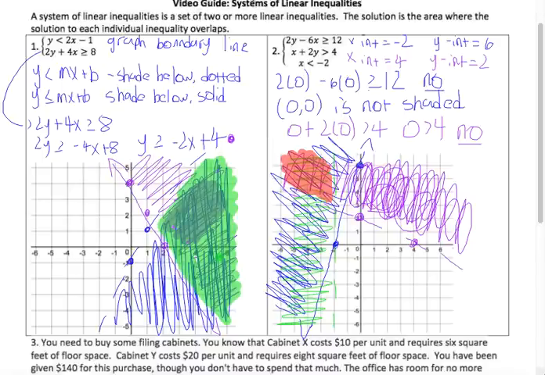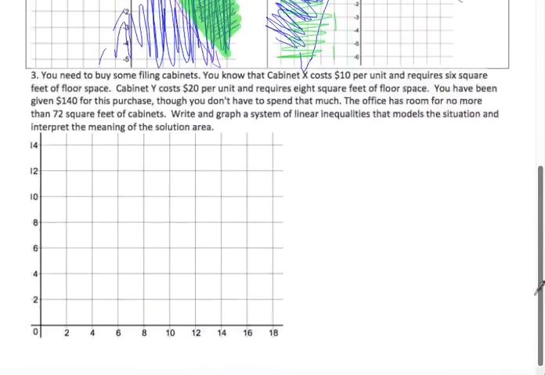All right, last thing we have here is a word problem. So we need to buy filing cabinets, and cabinet X costs $10 per unit and requires 6 square feet of storage space.